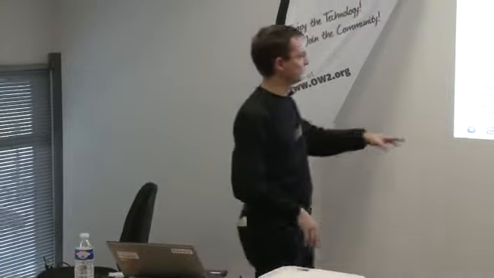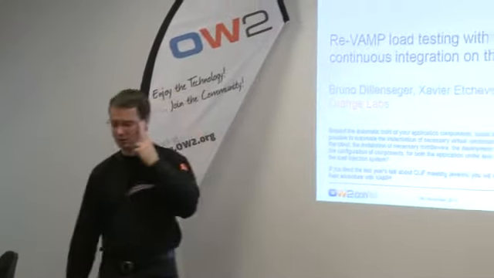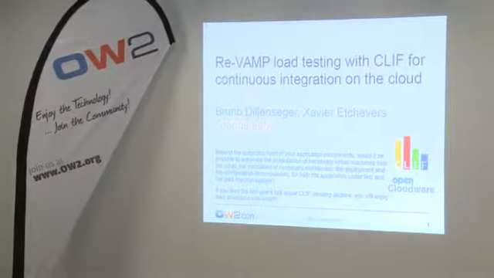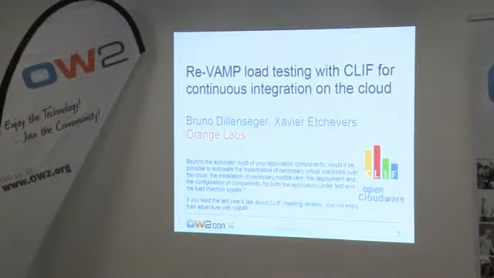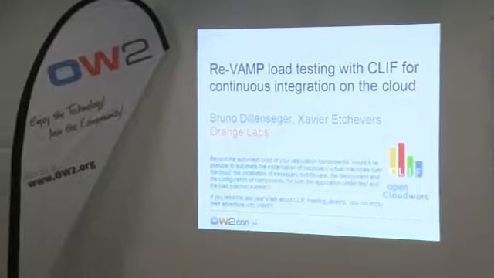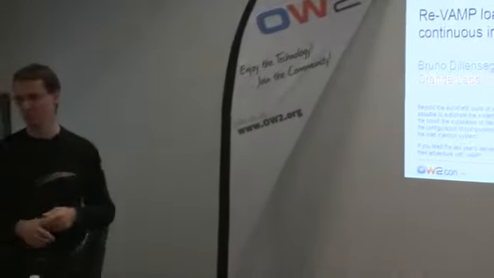The thing here, in the summary of the subject, is that when you want to test a distributed application, then in your continuous integration process you have to build the application components, then deploy these components, instantiate them, configure them, and also do the same thing with the load injection system. It's kind of magic today to think about it. But let's see together how we can reach this magic.